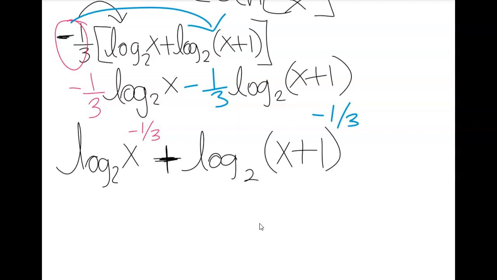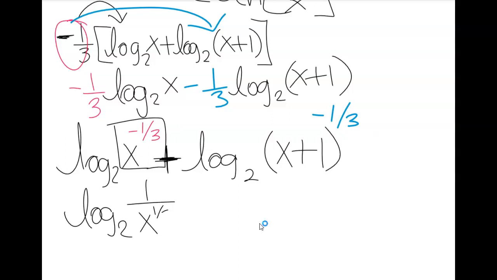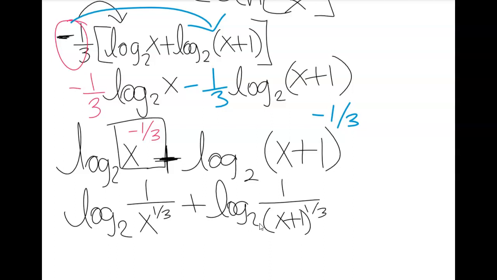Okay, so what that means when you have a negative exponent is that you could switch that quantity so that it is in the denominator like this, to the 1/3. And then you could also have this other one do the same: 1 over the whole x plus 1 to the 1/3. So if we were to condense these two into one logarithmic expression, it will be the log base 2, of course.